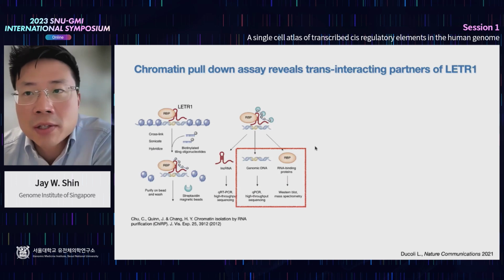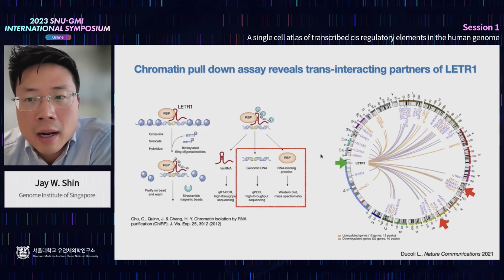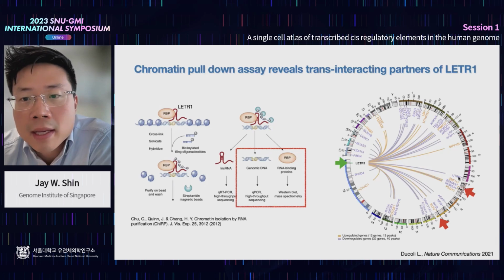We wanted to functionally validate its mechanism. So we did a pull down using ChIRP. This is a method developed by Howard Chang's lab, where we designed multiple probes against the non-coding RNAs and performed genomic DNA sequencing and RNA binding protein mass spec. And that allowed us to understand that these non-coding RNAs actually act in trans by interacting with different regions of the genome.